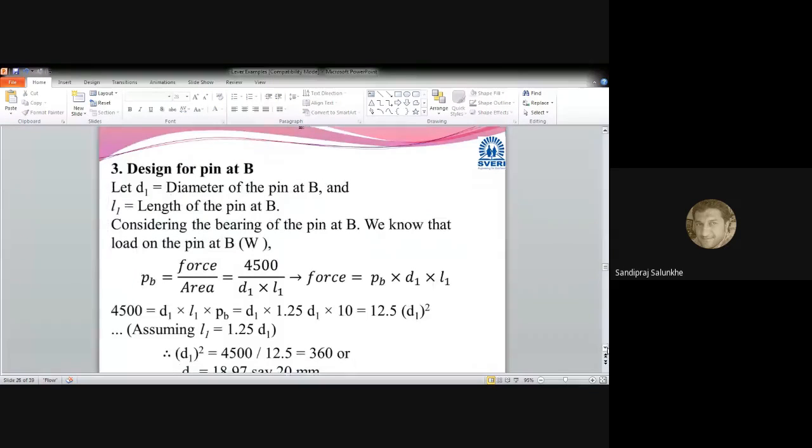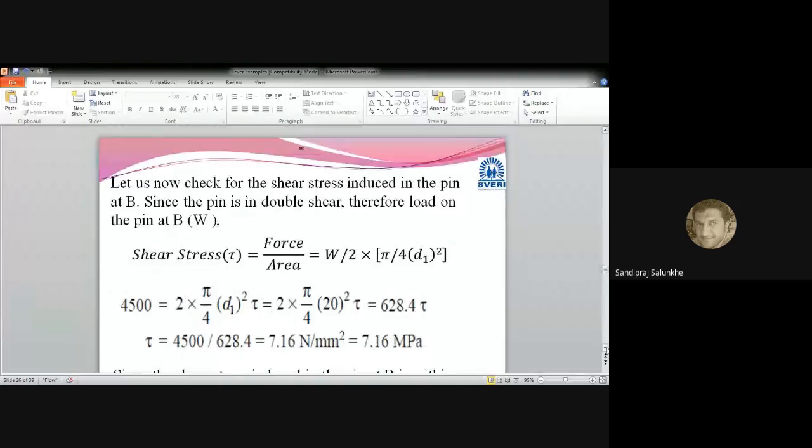Then we have considered the dimensions of the pin at point B, with D1 as a different diameter, because the load coming at point B is only 4,500 Newton, which is very much less than 15,000 Newton. So definitely we are not going to use the same sort of pin, as you have answered, it is a wastage of material and the cost will unnecessarily increase.